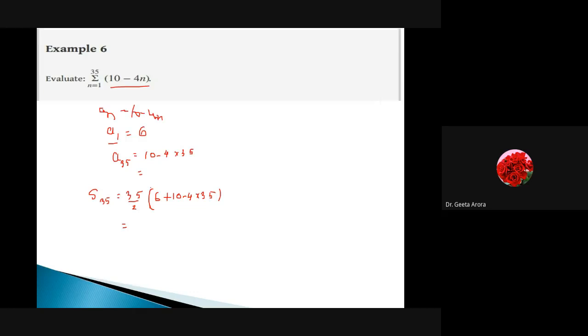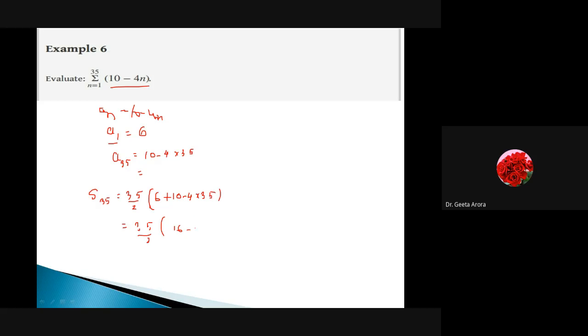So let's see from here what we have done till this. We are getting 35 by 2, 35 divided by 2, and here we have 10 plus 6, 16, and minus 4 into 35. 4 into 35 will give me, let me write down the value, 35 into 4.